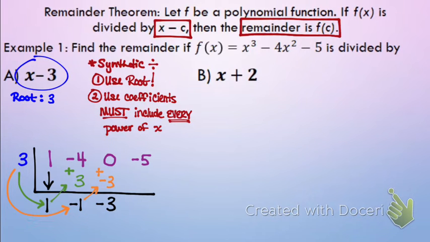And I multiply it by that number. 3 times negative 3 is negative 9. I add it to the number above. Negative 14. This last number here will be my remainder.